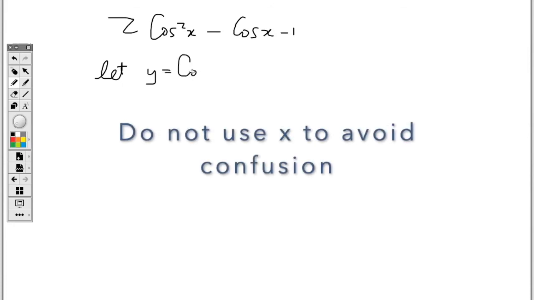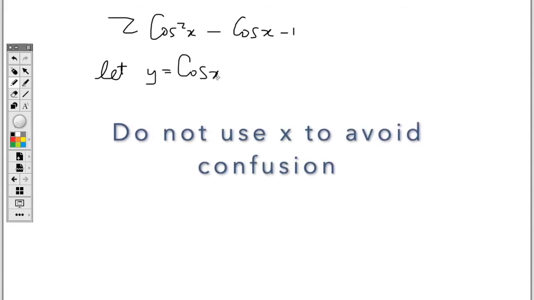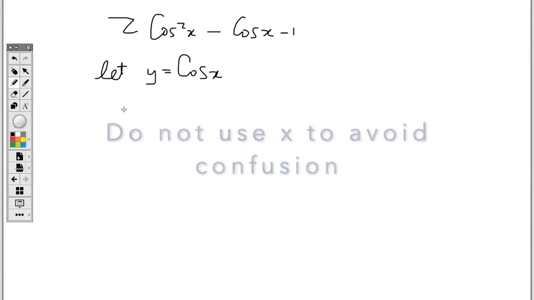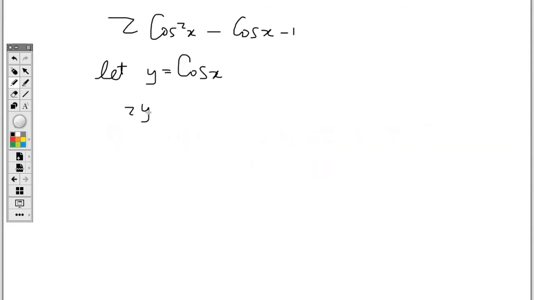So I'll be looking at the numerator next. So here I have my numerator, 2 cos square x minus cos x plus 1. I will be letting cos x be a variable, and I will choose y. You could have chosen any other letter except the variable x. So I'm using y. So it means replacing this, I will have 2y squared, because I replace the cos x. And I replace the next cos x, so that would be minus y minus 1.